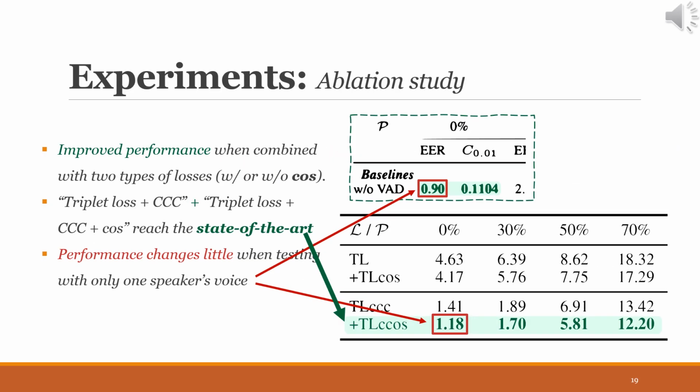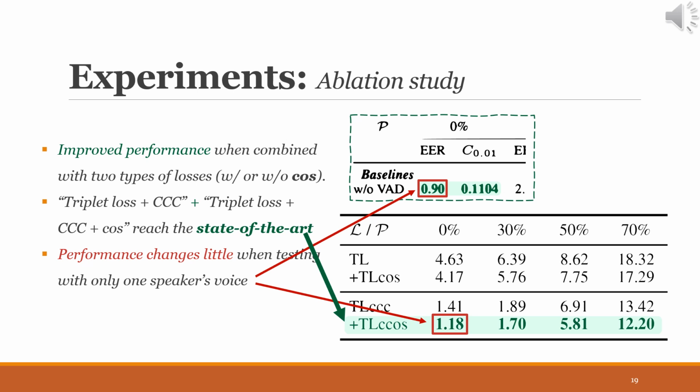To improve the performance, here we combine 2 types of losses, with or without the cosine distance. From the table on the right, we can see that, firstly, the triplet loss plus CCC and the triplet loss plus CCC plus cosine distance performs the best. Secondly, from the red box, we can see that the performance changes little when testing with only one speaker's voice.